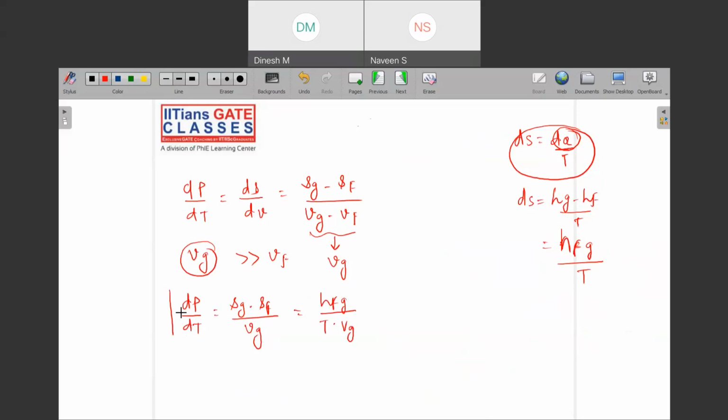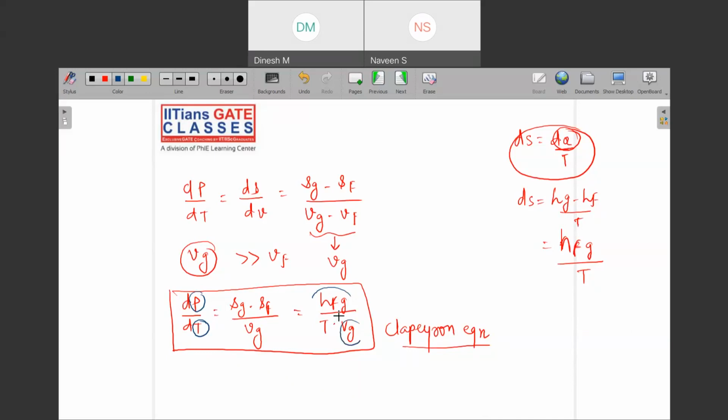So this is your Clapeyron equation. Can you see that just by knowing the change in pressure and temperature, and the volume, you are able to find out the enthalpy change?